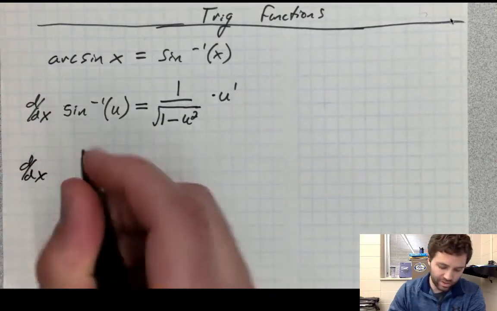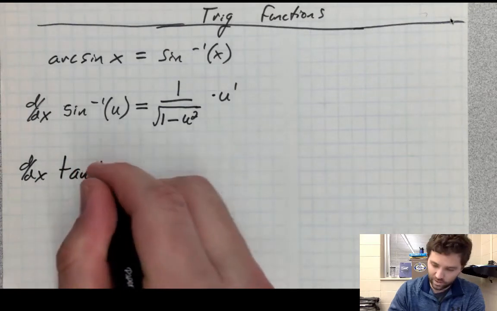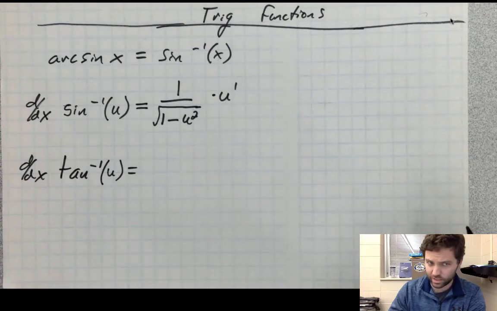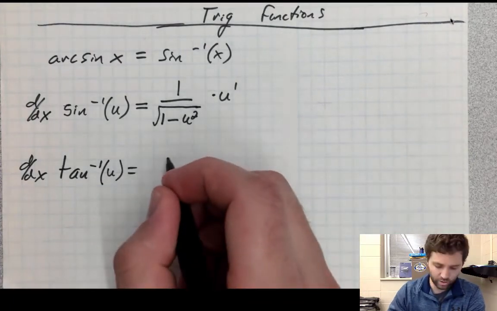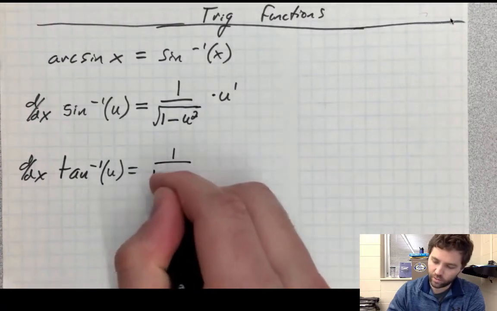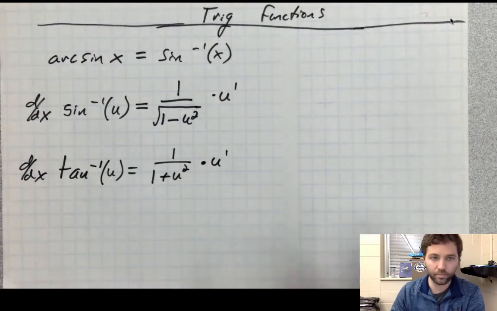Next, we're going to go through and do tangent. Now, you might be expecting cosine. In fact, the first time I did this video, I wrote down cosine and botched the whole thing. But we're going to go to inverse tangent right now, and I'll show you why in a second. The derivative of inverse tangent is 1 over 1 plus u squared times u prime, the derivative of u.